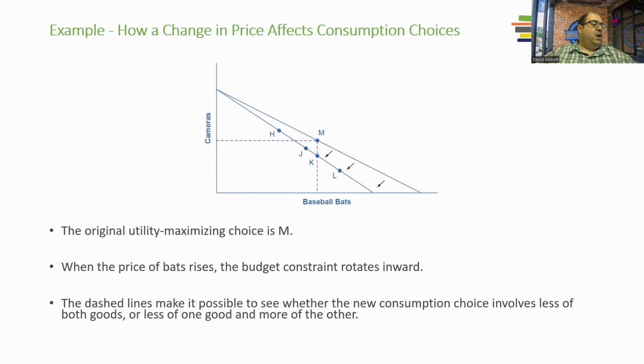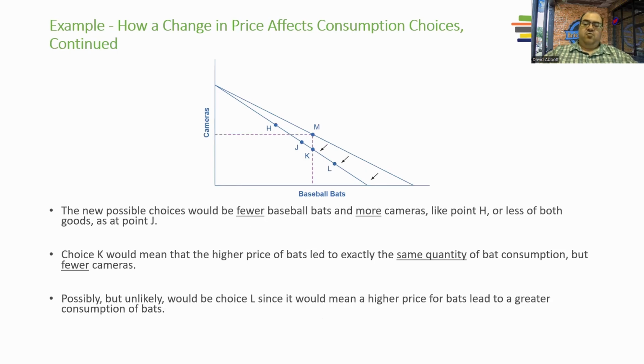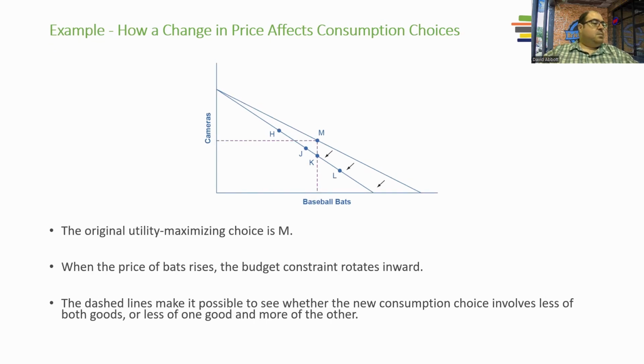So, how price changes affect consumer choices. Again, we look at Sergey's consumer choices between purchasing baseball bats and cameras. A price increase for baseball bats would have no effect on the ability to purchase cameras, but it would reduce the number of bats that Sergey could afford to buy.